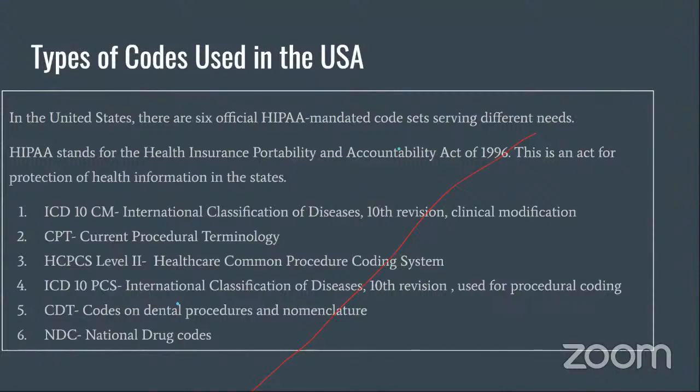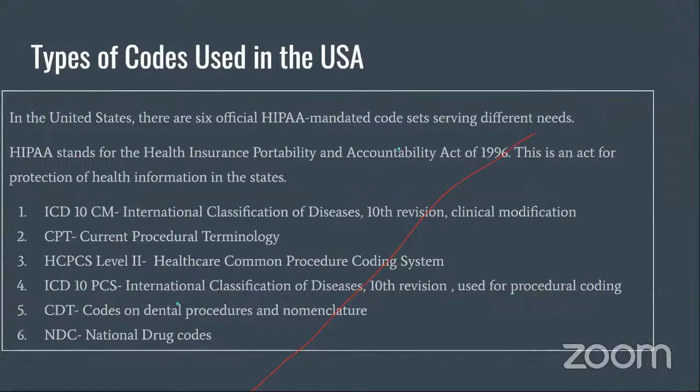The next is HCPCS Level 2, Healthcare Common Procedure Coding System, Level 2. Commonly we refer to it as HCPCS for the ease of saying it. HCPCS is used for coding of medicines or drugs, medical consumables. Next is ICD-10-PCS.